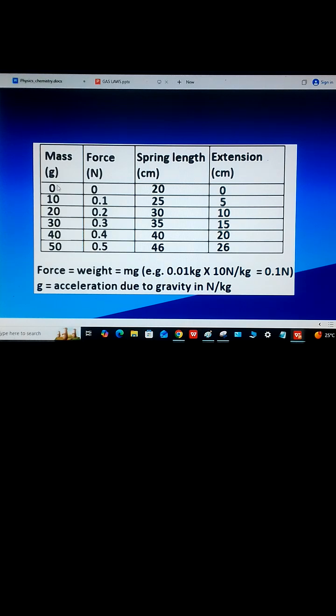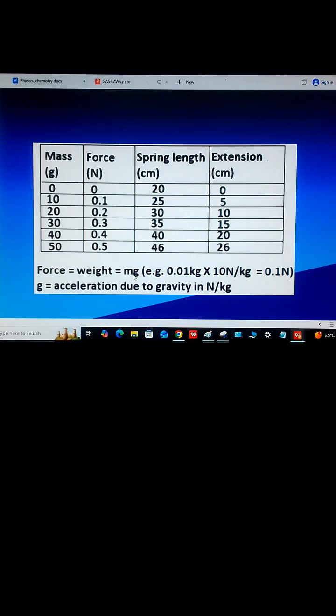Then we shall change this mass into kilograms. Like 10 grams, we change into kilograms, which is 0.01 kilograms. And then we change that mass in kilograms into newtons, right? Because force is equal to weight. From this expression, F is equal to ma. Force F is equal to mass times acceleration.